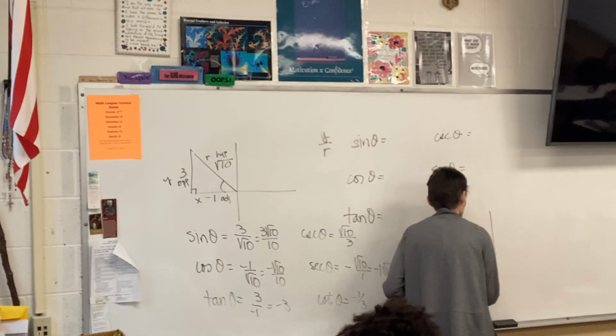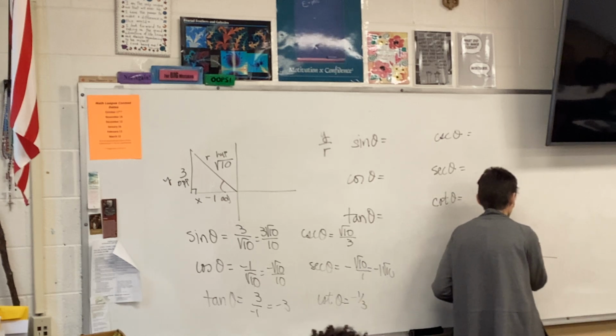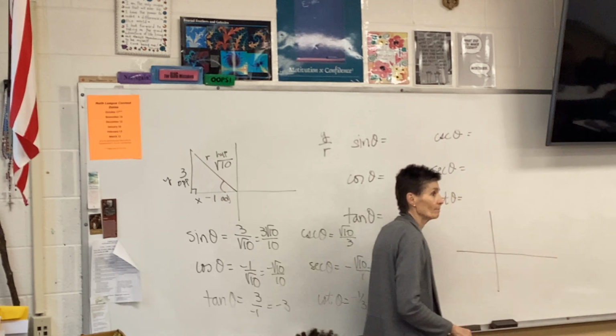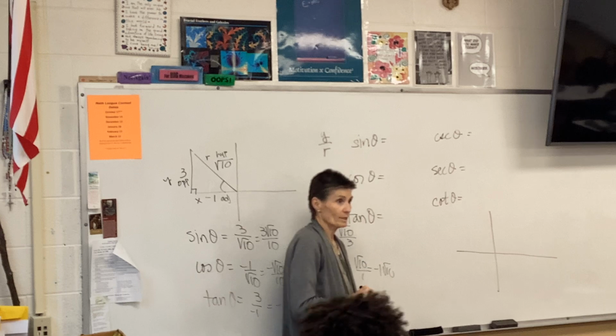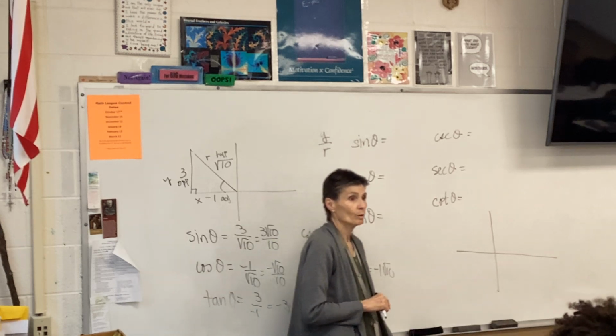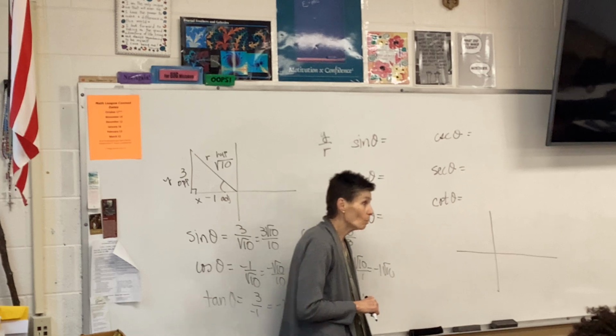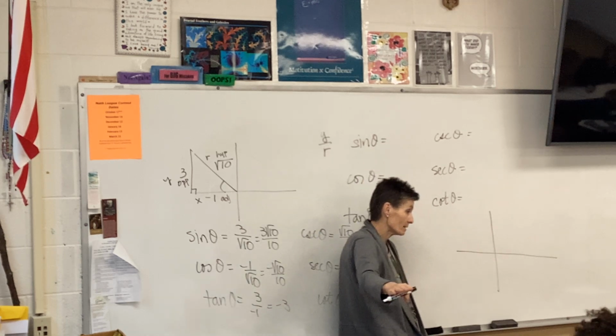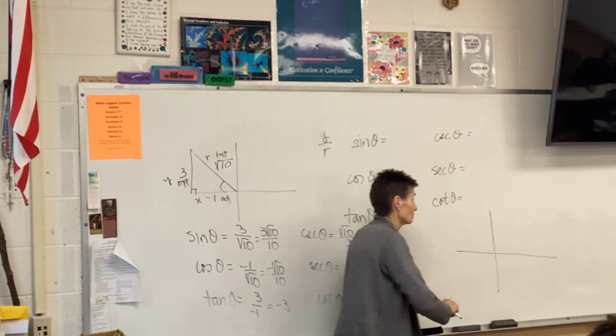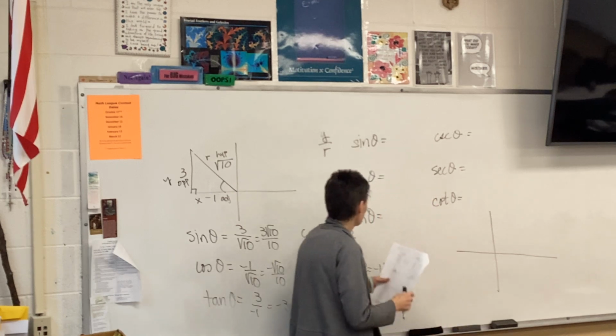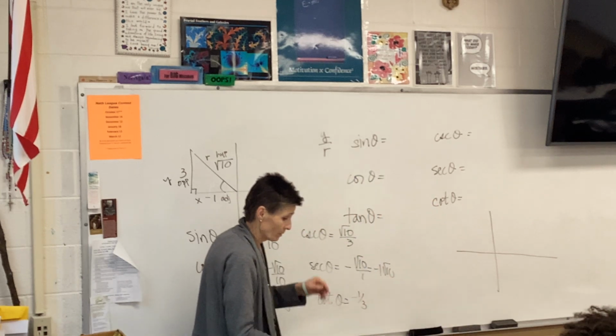What's the good news about this last problem? It's in quadrant 1, which means we do not need to worry about any negatives. In quadrant 1, everything is positive. Go ahead, see if you can fill it in.